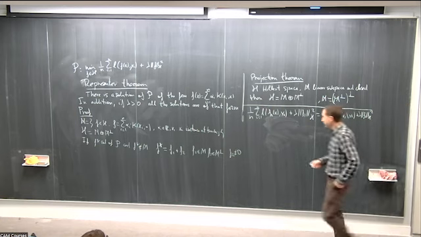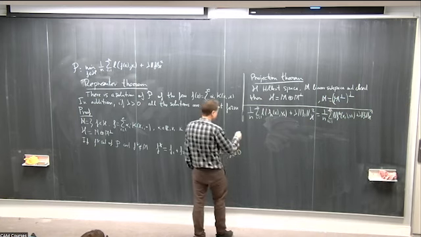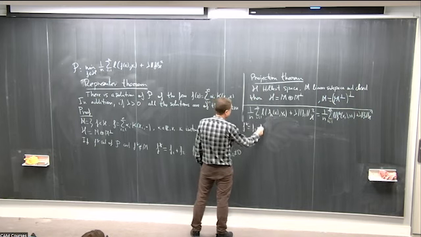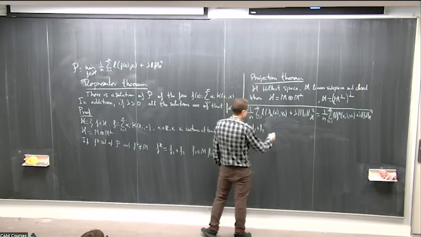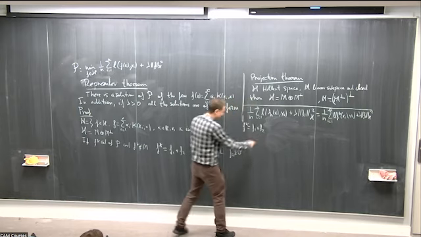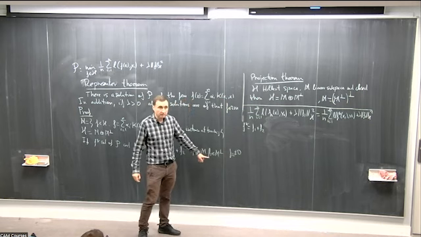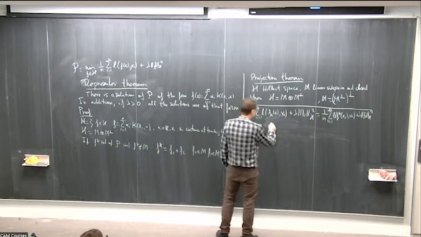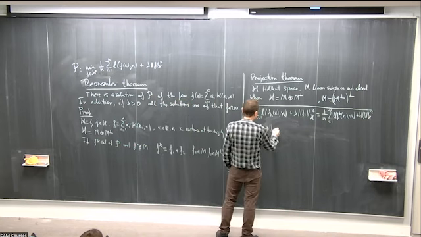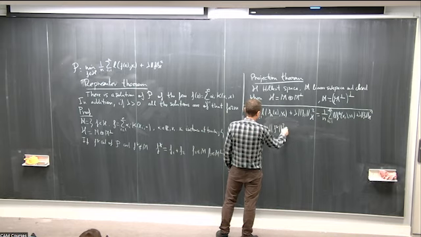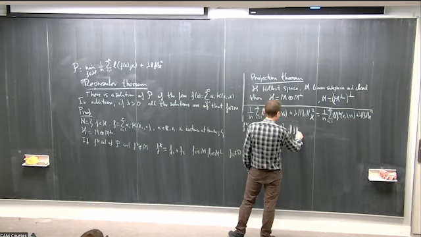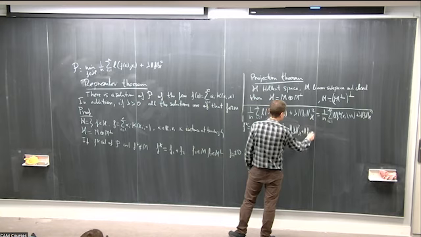Because F star is F1 plus F2. And F1 and F2 are orthogonal because F1 is in M and F2 is in M orthogonal, so the square norm of F star is the square norm of F1 plus the square norm of F2.